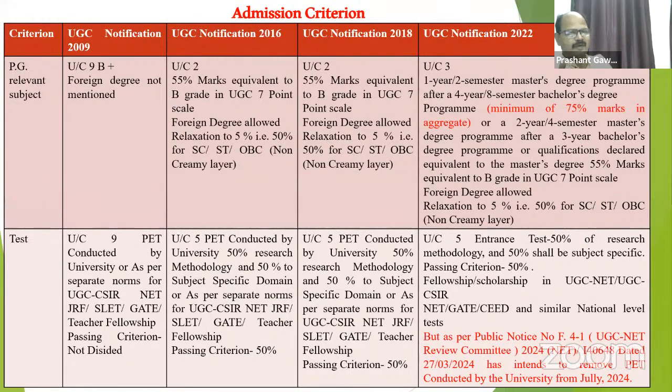Under 2022, under clause 5, the entrance test has a similar criterion: 50% of the component should be from research methodology and 50% from the subject-specific domain. The passing criterion is 50%. Earlier it might have varied, but here the passing criterion is 50%.